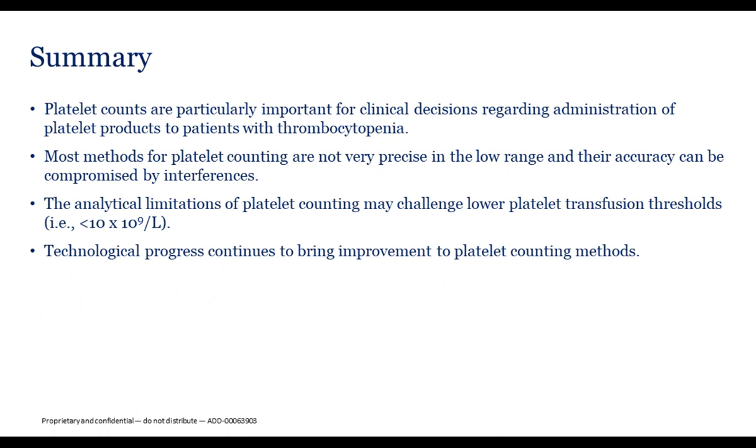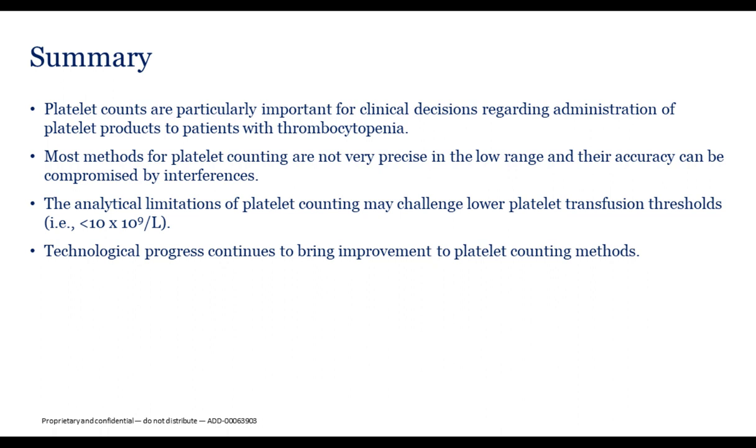So let's summarize. Platelet counts are particularly important for clinical decisions on administering platelet products to patients with thrombocytopenia. Most methods for platelet counting are not very precise in the low range, and their accuracy can be compromised by the interferences we described. The analytical limitations of platelet counting may challenge the lower platelet transfusion threshold of 10,000.